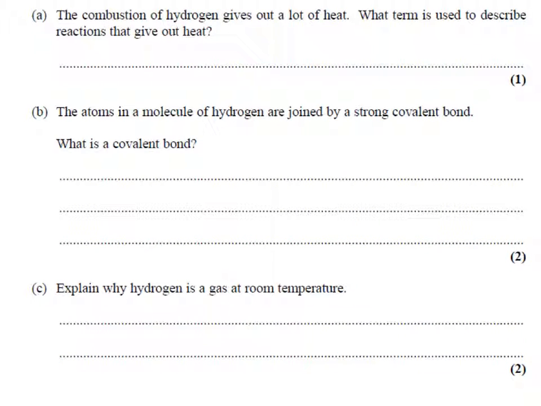And the final question we look at talks about hydrogen, the smallest molecule, H2. Now, the combustion of hydrogen gives out a lot of heat. What term is used to describe reactions that give out heat? Well, reactions that give out heat are referred to as exothermic. So they give out heat, so they make very good fuels.